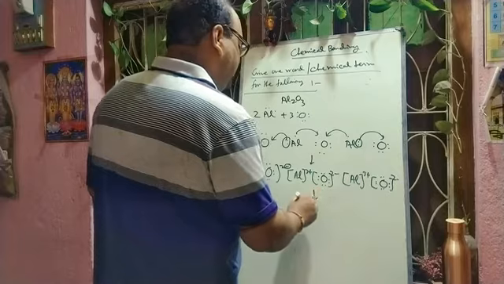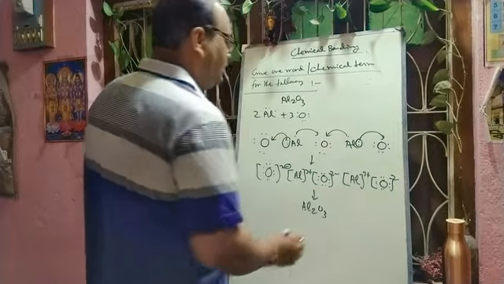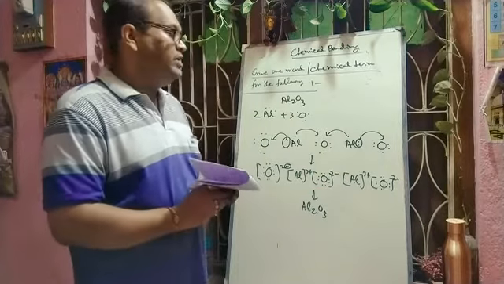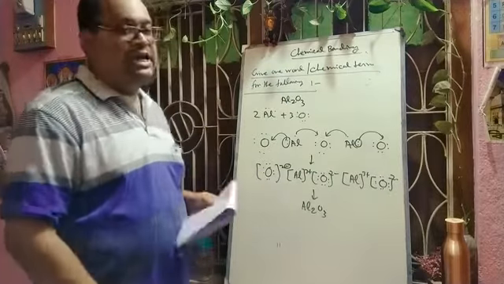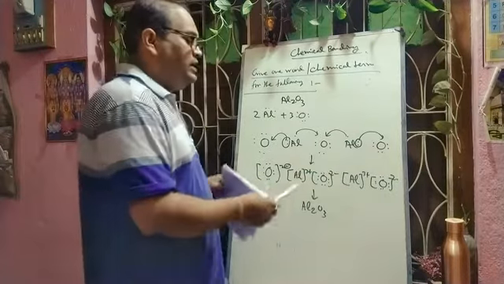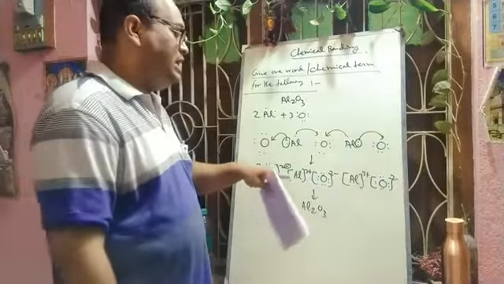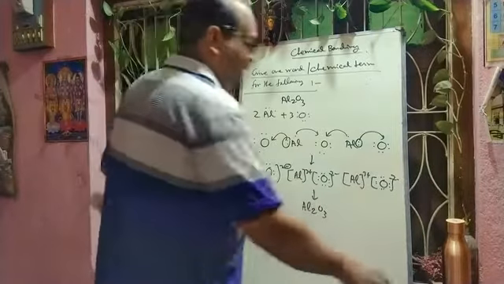So finally we get the structure that is Al2O3. In this way you have to write the electron dot structure of Al2O3, which is an ionic compound containing 2 Al3 plus and 3 O2 minus.